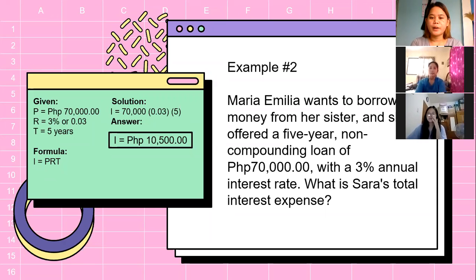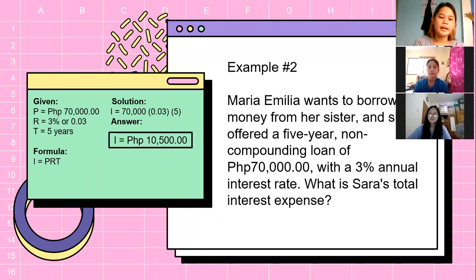Example number 2. Maria Emilia wants to borrow money from her sister, and she is offered a 5-year non-compounding loan of 70,000 with a 3% annual interest rate. What is her total interest expense? The given are 70,000, 3%, and 5 years.